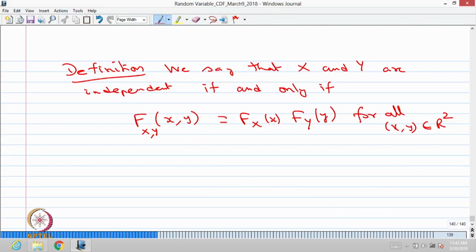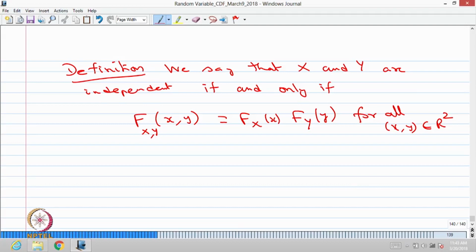This is an if and only if condition. That means if two random variables are independent, this condition will be satisfied. If this condition is satisfied, then we can conclude both the random variables are independent. It is immaterial whether the random variables are of the discrete type, continuous type or mixed type, because the CDF always exists whatever be the type of random variable.